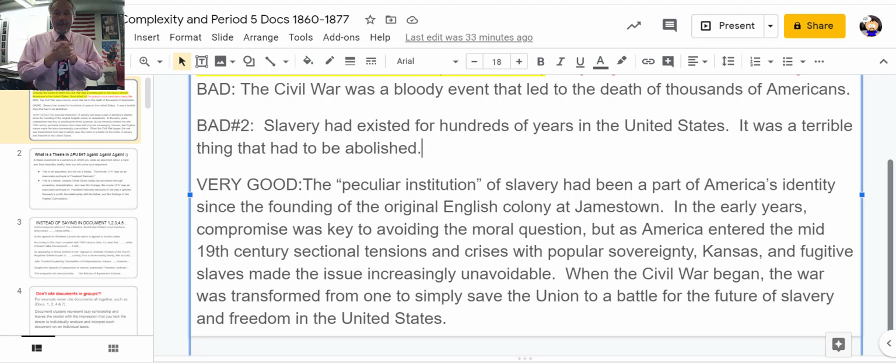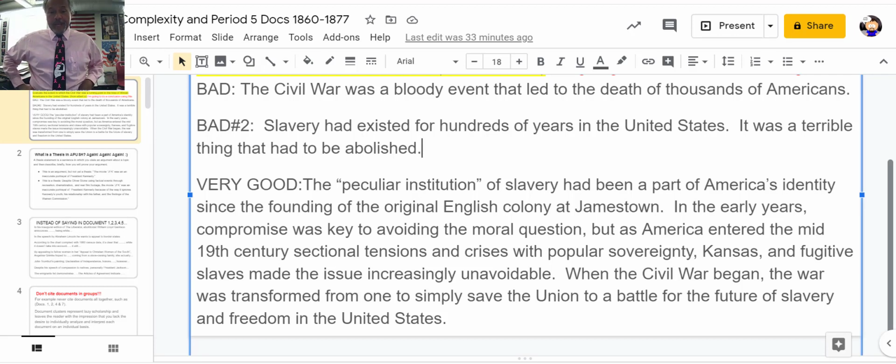Slavery had been part of America's identity since the founding of the original English colony at Jamestown. In the early years, compromise was key to avoiding the moral question, like the Missouri Compromise, the Three-Fifths Compromise. But as America entered the mid-19th century, sectional tensions and crises with popular sovereignty, Kansas, and fugitive slaves made the issue increasingly unavoidable. Wow, this sounds almost perfect.